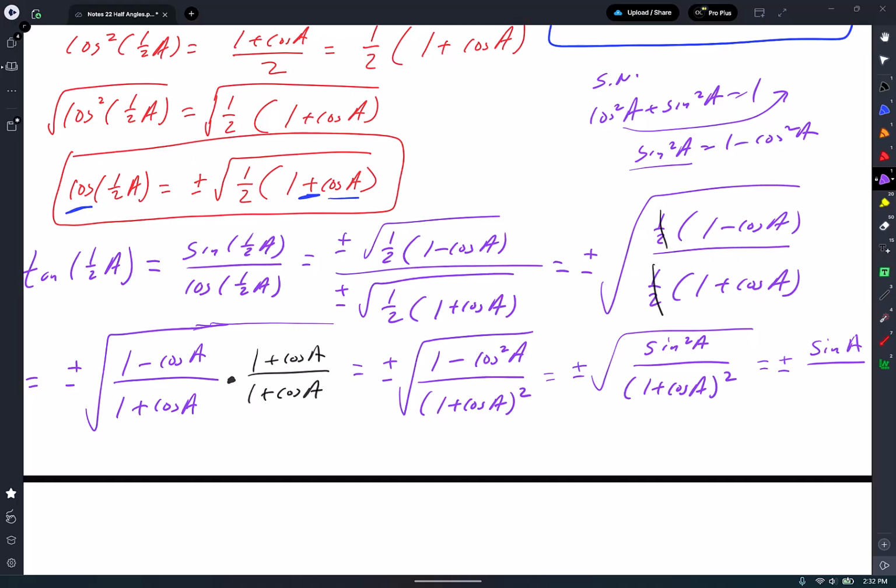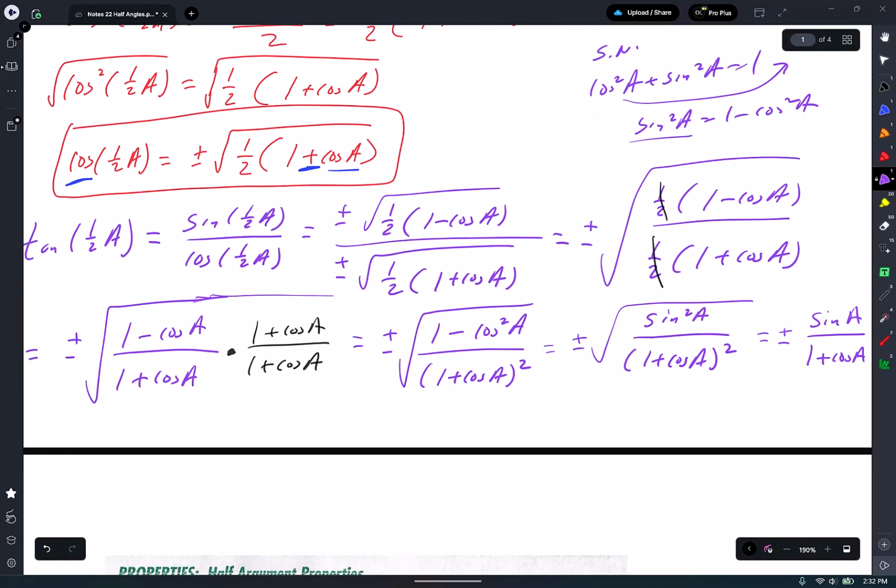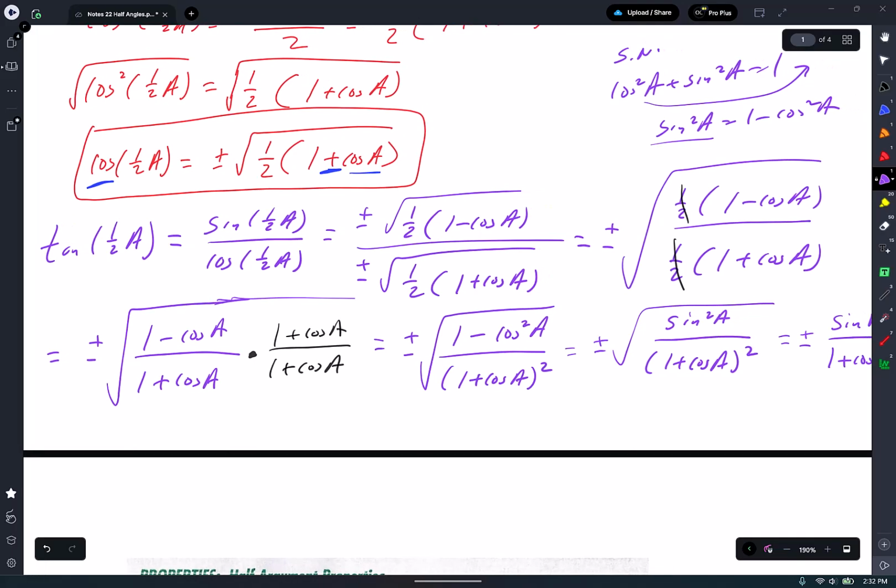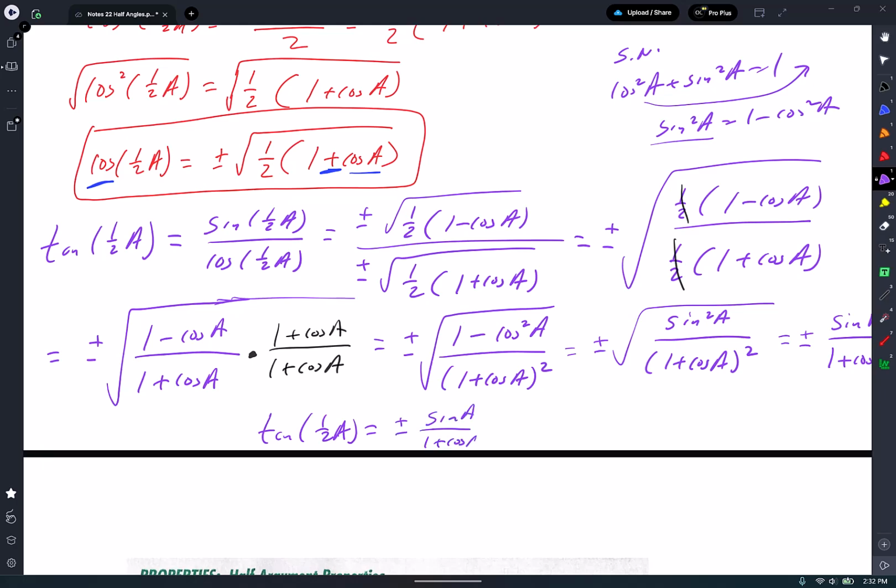So if I square root the whole shebang that's being squared, that square and square root cancel out, and I have 1 plus cosine a. Do you guys see? All right, so there it is, guys. That's my formula. Let me see if I can write it right here. Tan of half a equals plus minus sine a over 1 plus cosine a. And there it is.